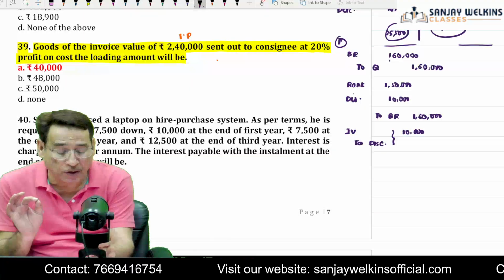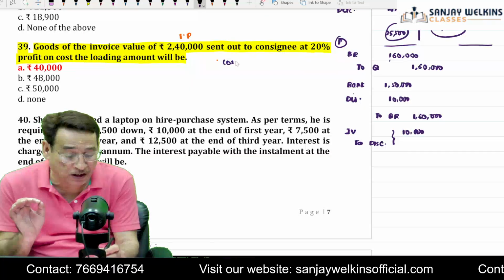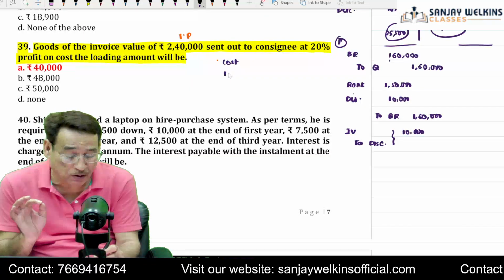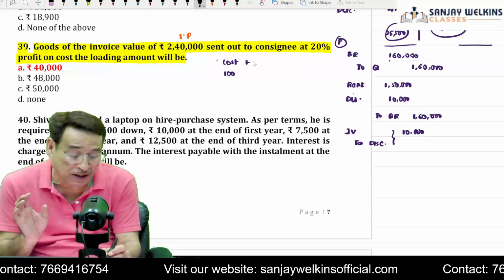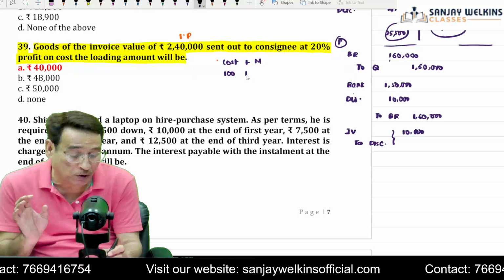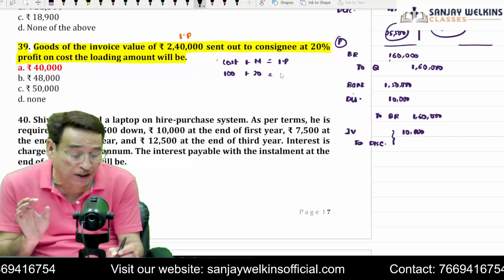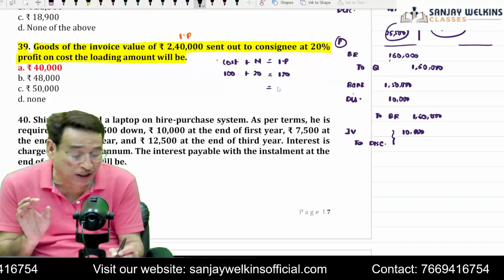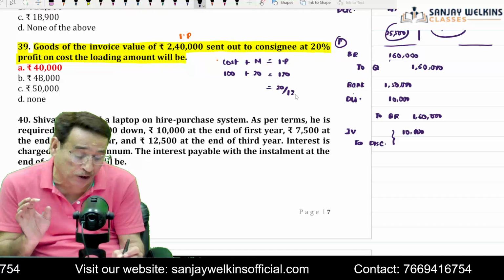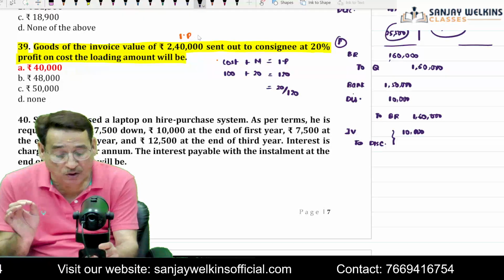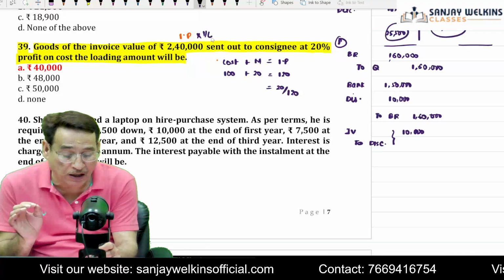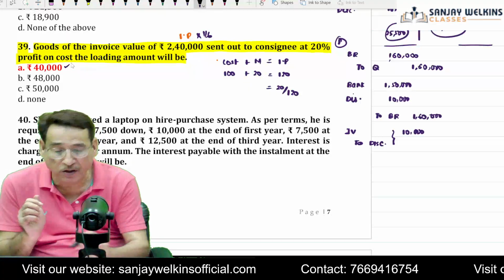In this particular question, the rate of profit is on cost. So first of all, you will presume cost as 100, your margin or loading is equal to 20, and your invoice price will become 120. So the rate of loading on invoice price will be 20 by 120 or 1 by 6. So you will apply 1 by 6 to 2,40,000. It will give you 40,000. This will be your answer.